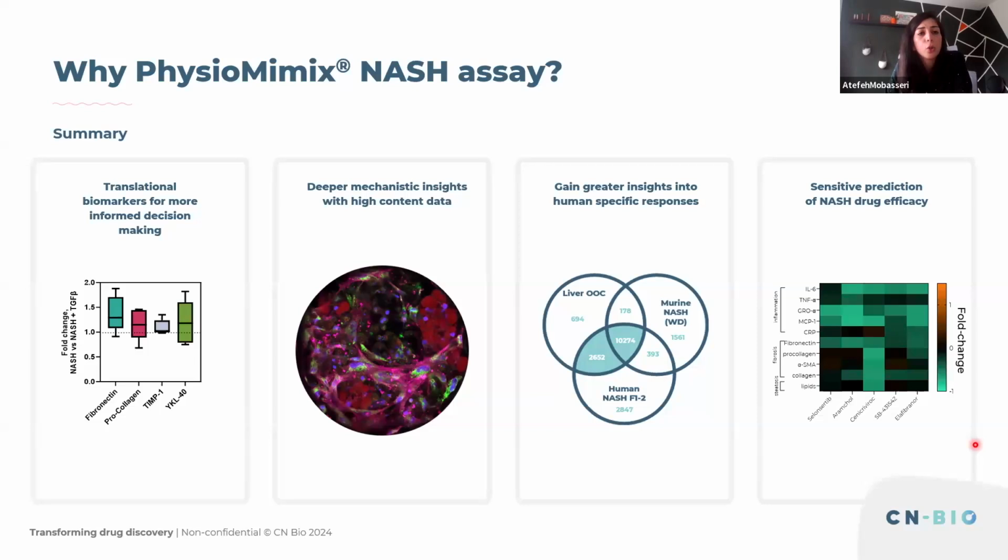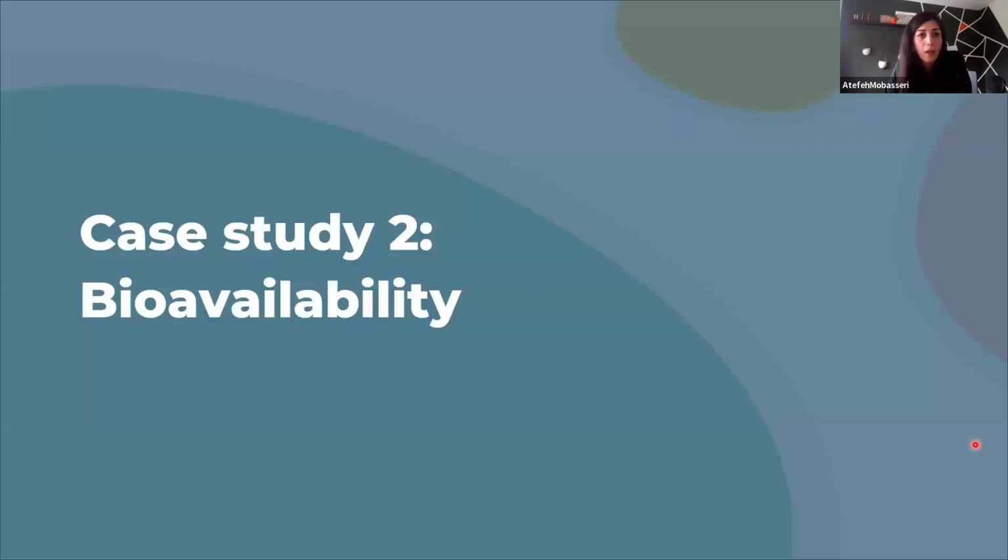Because we can get very high content data out of the system, we have a better understanding of the mechanistic side. We can compare our results to the animal and human models to understand the human specific response that we can observe in the in vitro NASH assay, and also we can look at the efficacy of different anti-NASH compounds.